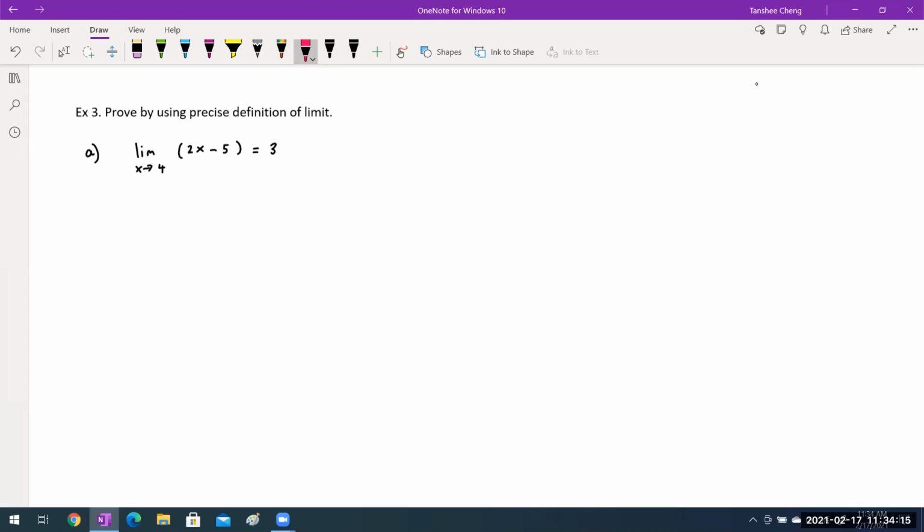In the previous example, we have a numerical value, but you know that the idea of the limit is what? The number is very close and closer to the limit that we want to approach.